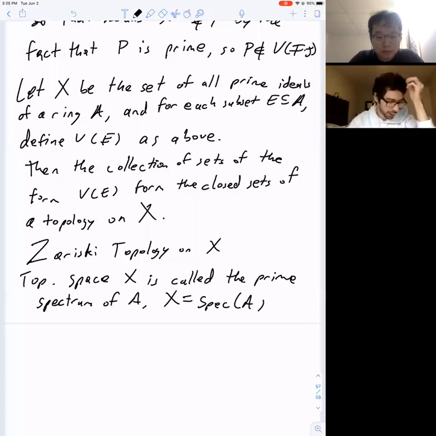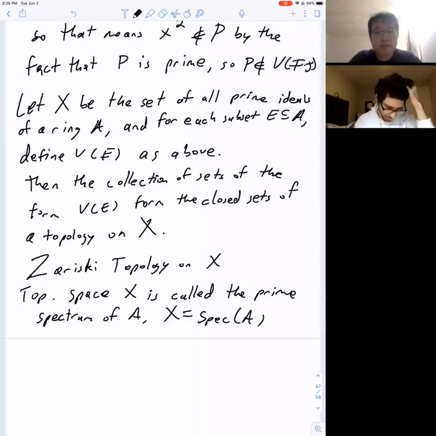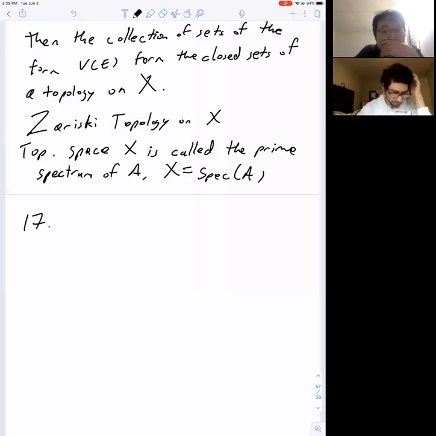Let's try to understand the topology using open sets. So that was question number 15. So let's skip number 16. It asks you to draw pictures of the spectrum of different rings. That's a nice exercise, but let's move on to more theory.